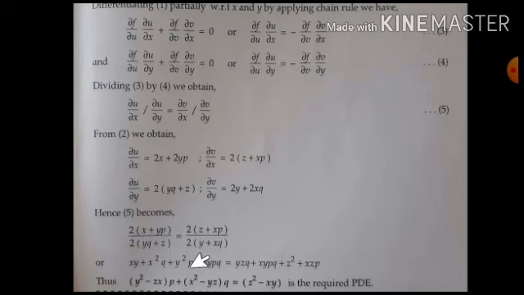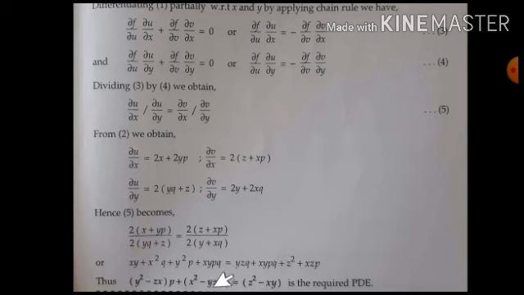Here which terms can you take common for p? For p it is y square minus xz, and similarly for q it is x square minus yz, and what is left out is z square minus xy, that xy is brought to the right side.